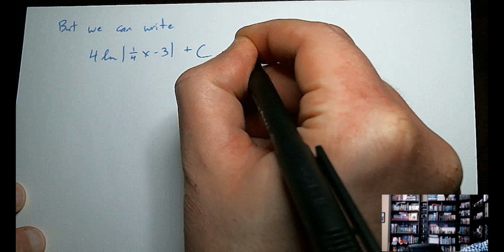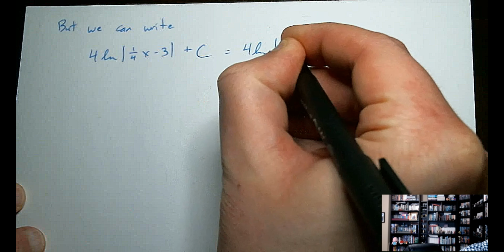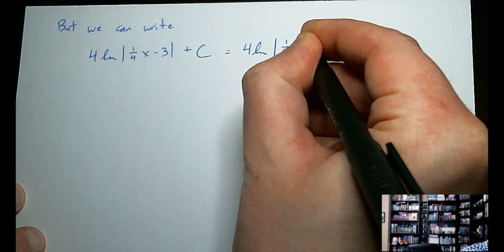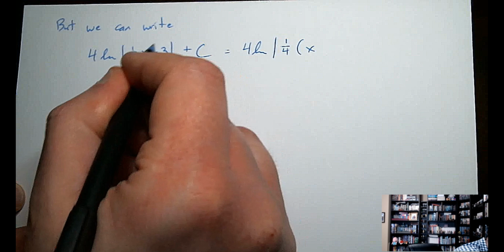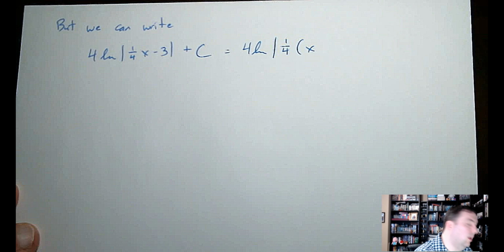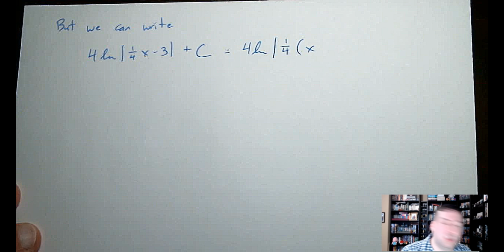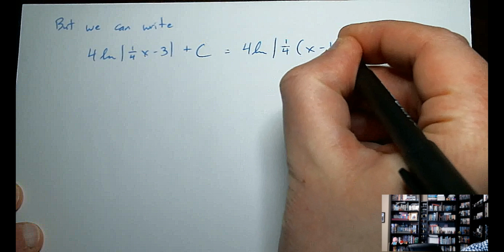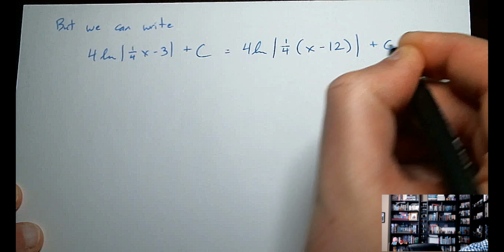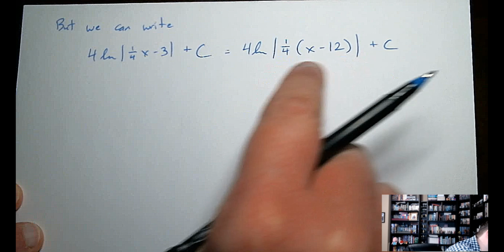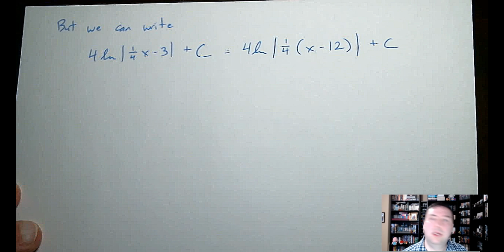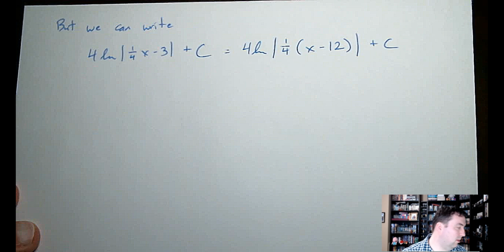We can write that as 4 times the natural log of the absolute value of a quarter times x minus, and then we pull the quarter out of 3, that would be 3 times 4, which is 12, plus c. And you can always multiply it back in to check. A quarter times x minus a quarter times 12 does give us back the original argument.